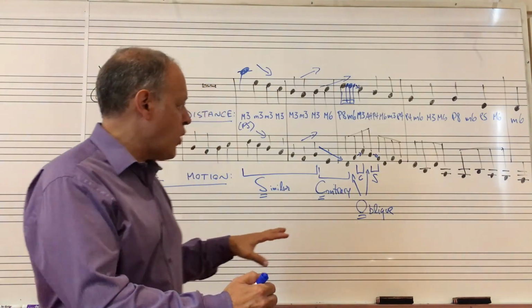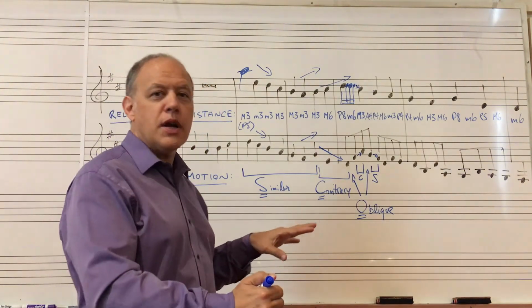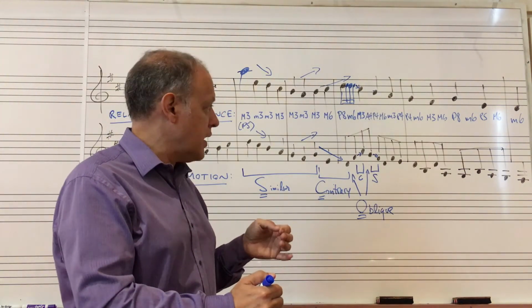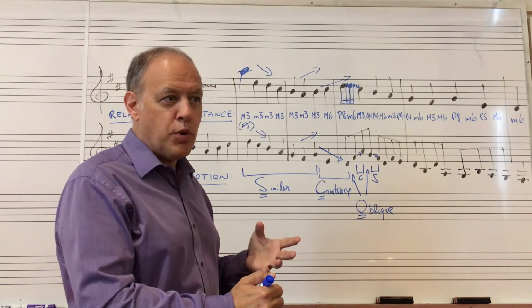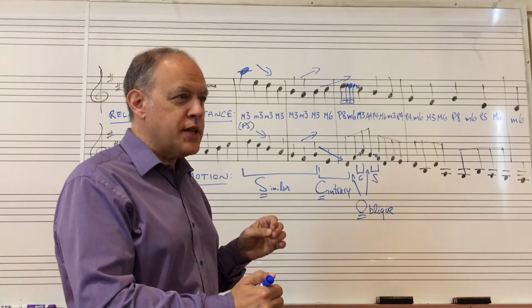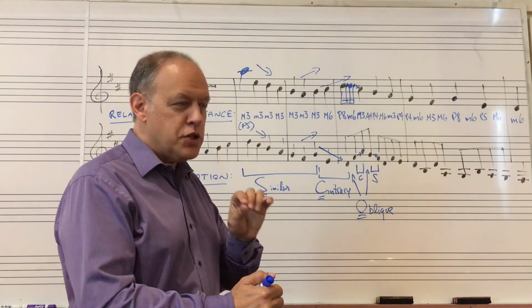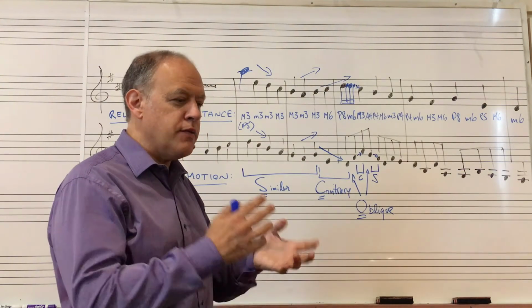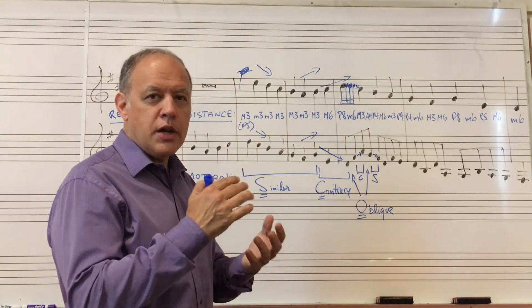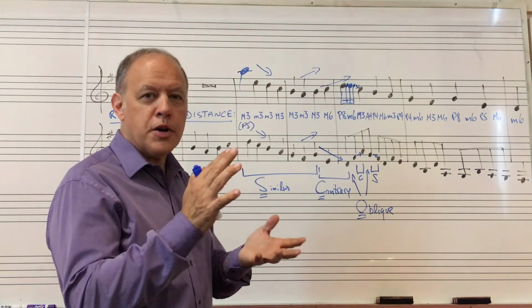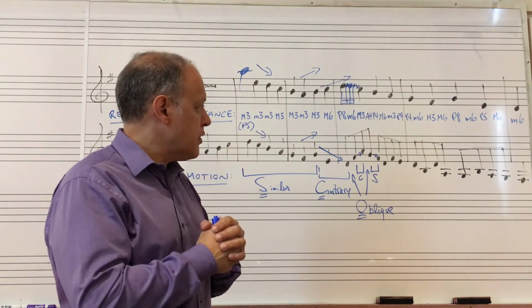So this is why we get interested in these techniques of analysis for counterpoint. It's to help us understand the kinds of dimensions you need to pay attention to if you want to create melodic interest in all parts that you're working with in a contrapuntal texture.